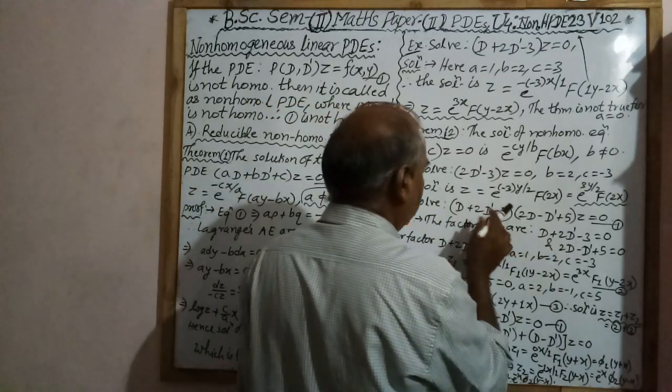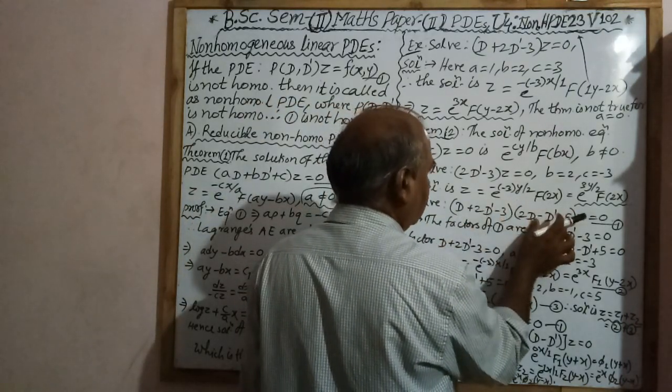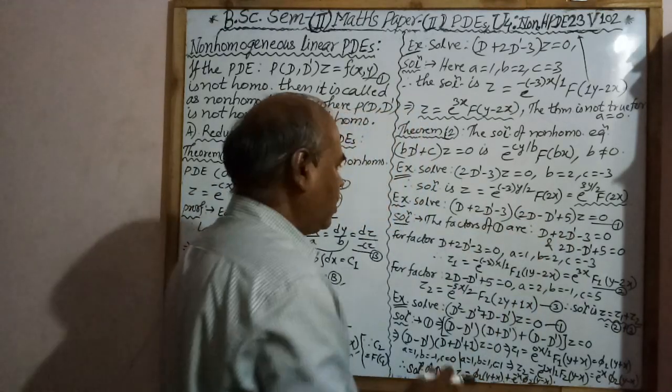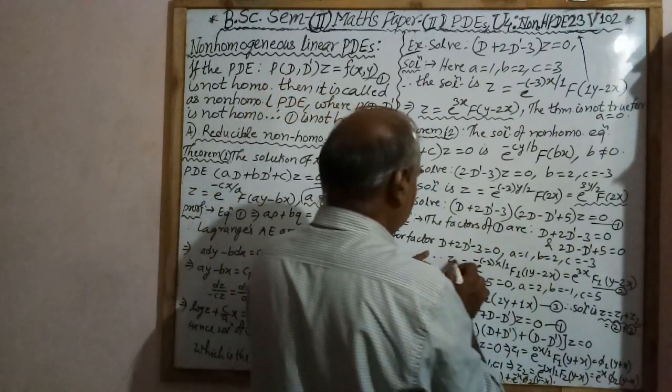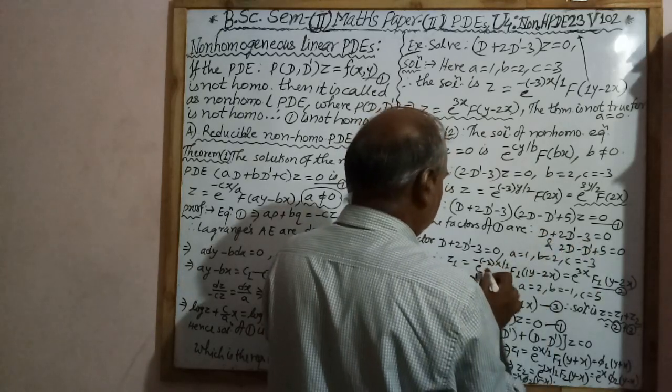Then solve the differential equation containing two factors. We obtain the solution separately for these two factors. For the first factor, A = 1, B = 2, C = -3.